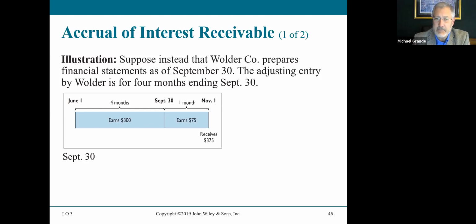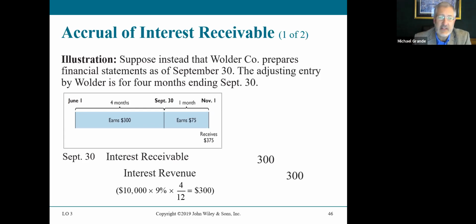But how much is it? $10,000 times 9% for 4 months, right? June, July, August, September, 4 months. They haven't received the cash, but they're entitled to it. Debit an asset, interest receivable, credit an income statement account, interest revenue.